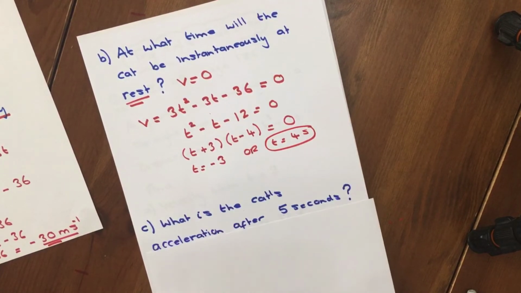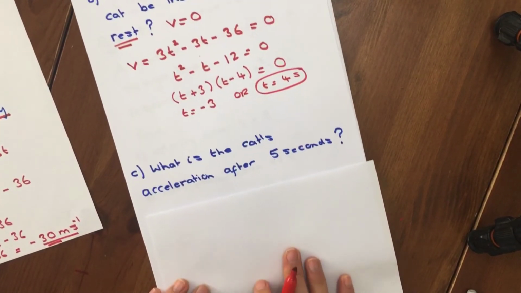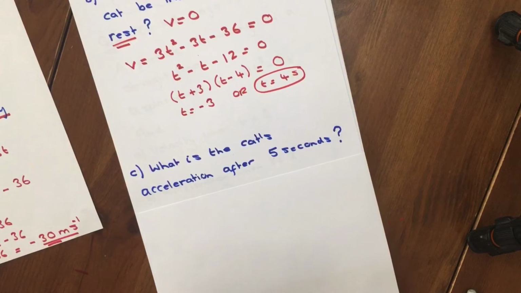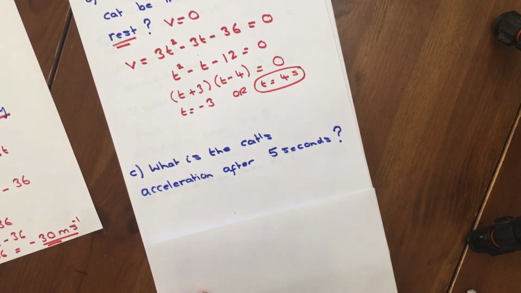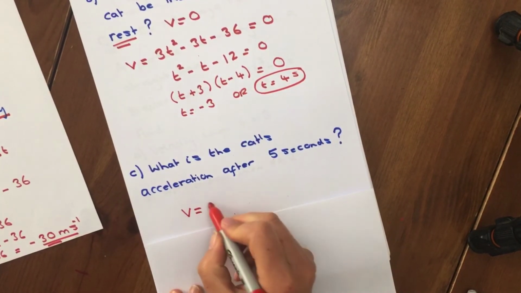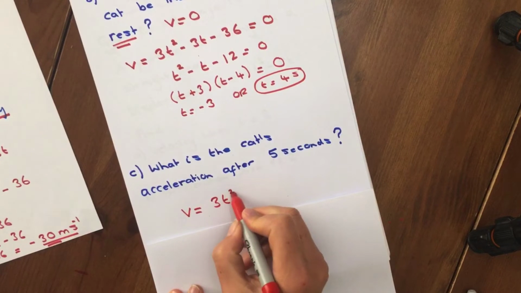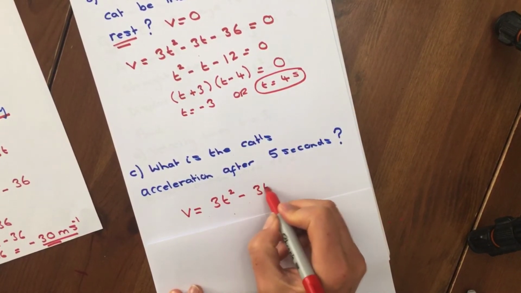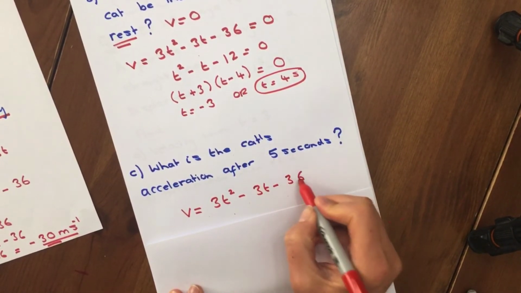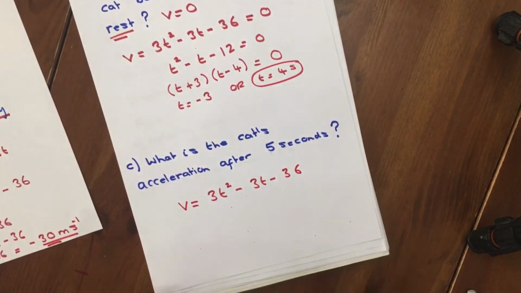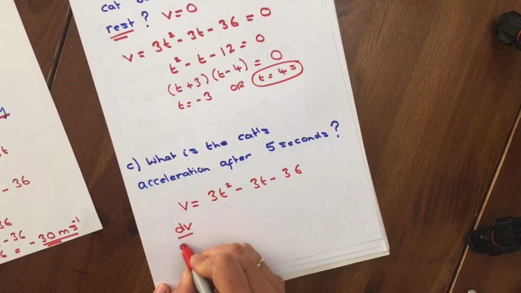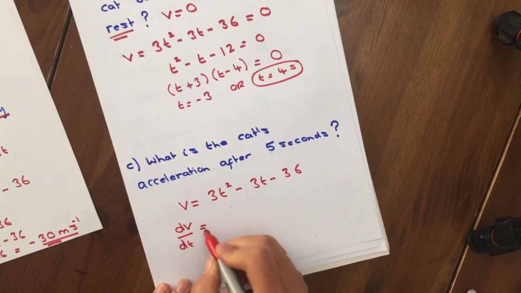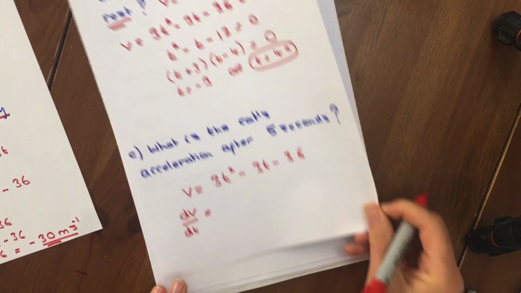Okay, my last question about my snowball cat is, what is the cat's acceleration after 5 seconds? Okay, so we've got our velocity v, and we know that acceleration is the rate of change of velocity. So what I do is I differentiate v with respect to time. Let's move this up a bit.